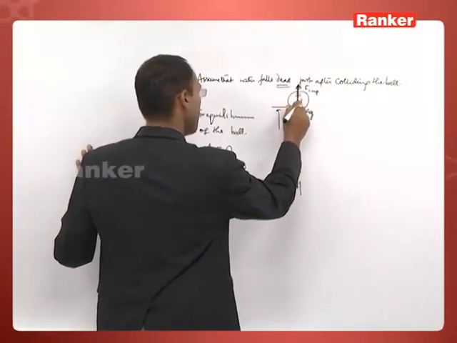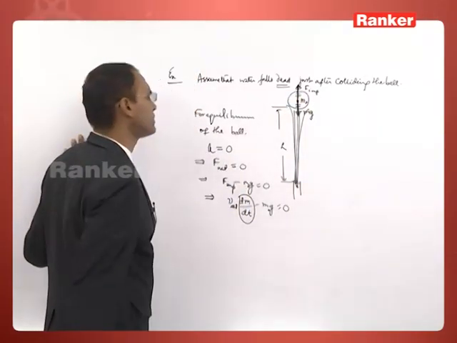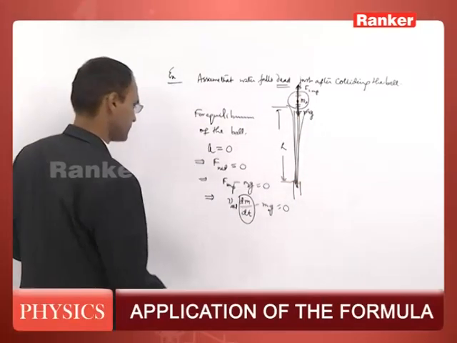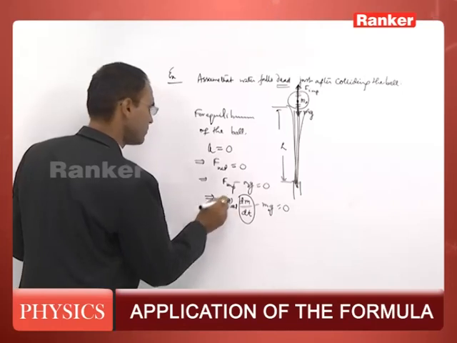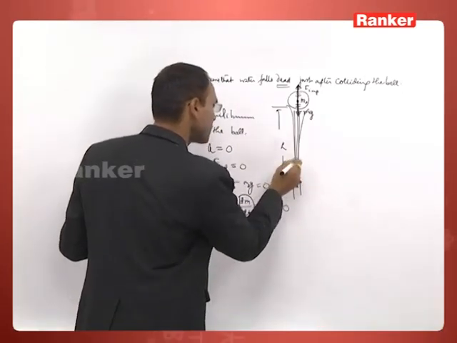Mass of the ping pong ball, let it be m naught. Dm by dt is the rate at which water is striking the ping pong ball, and that is equal to the rate at which the water is coming out of the tube.